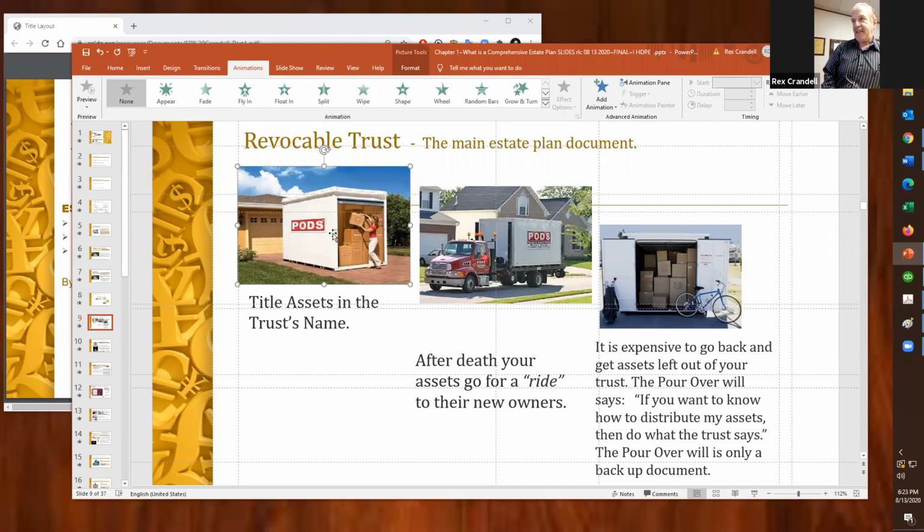That's the same thing as a trust and titling all your assets in the name of the trust. Then after you pass, your assets take a ride to their new owners, the beneficiaries. Similar to a trust, it is held up until the administration is done.